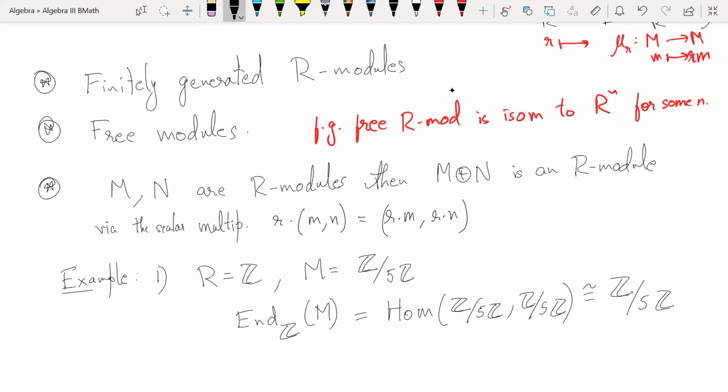You can take f going to f(1), evaluating it at 1. This evaluation map at f(1) is going to be a linear map, right? Because it's additive, obviously. f plus g goes to (f plus g) evaluated at 1, which is the same as f(1) plus g(1).